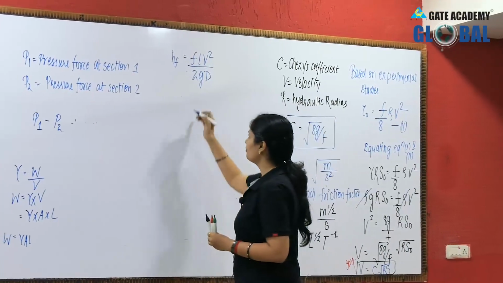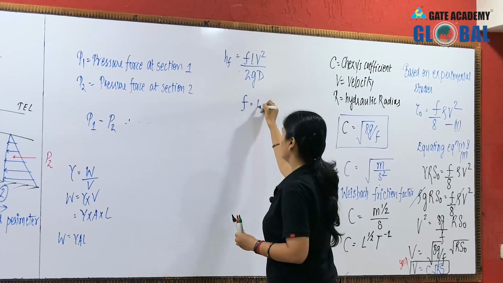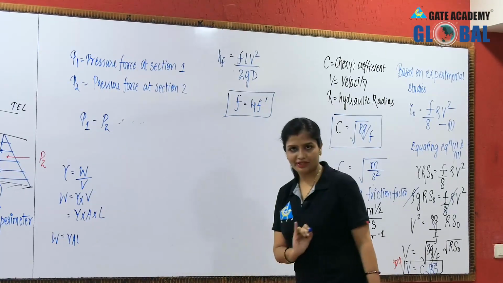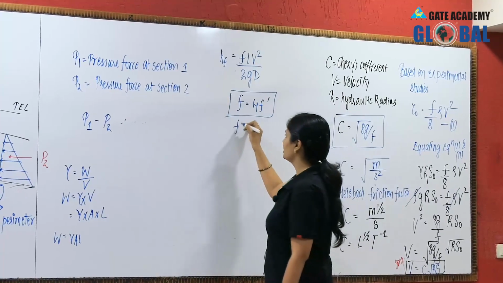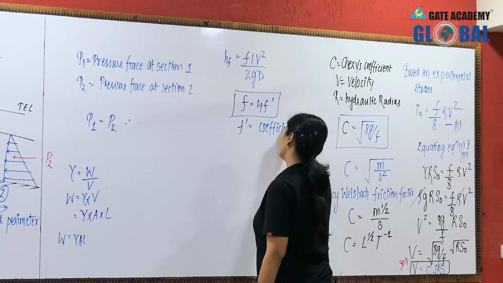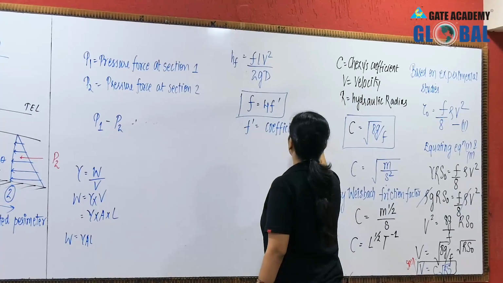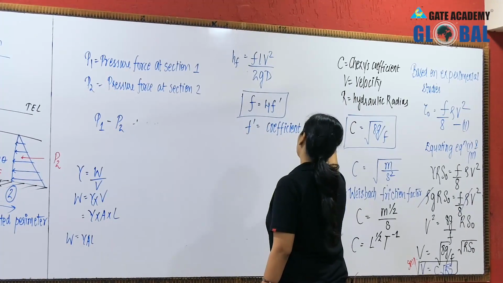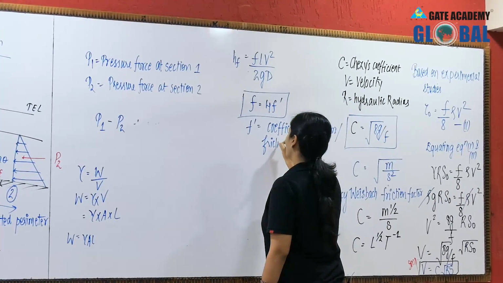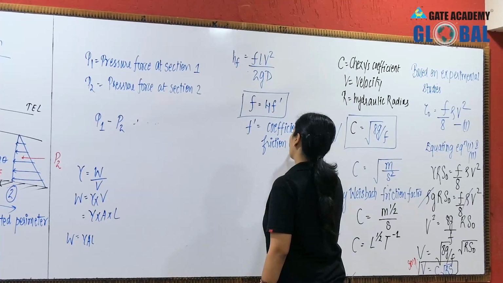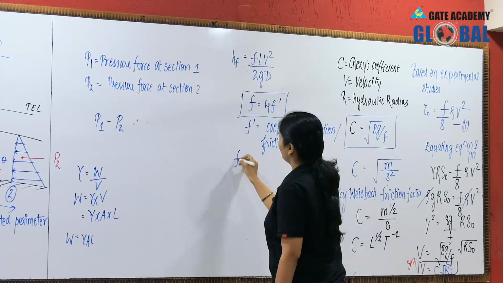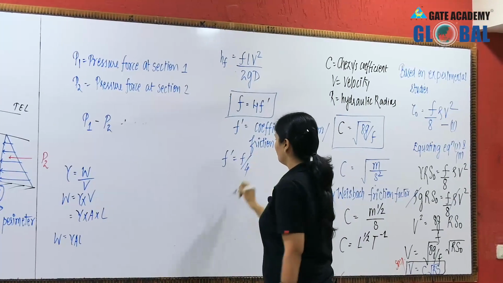So f is equal to 4 times f dash, where f dash is the coefficient of friction, or you can say friction coefficient. So from here f dash is equal to f by 4.